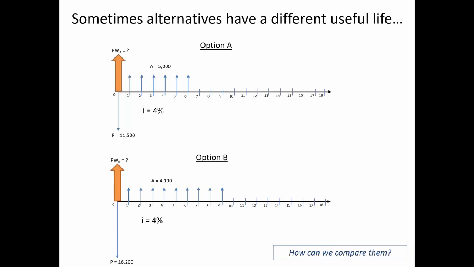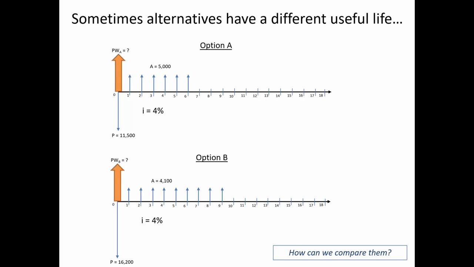Feel free to chime in with your microphone or type in the chat box there. What was the technique we used last time? All right, the LCM approach. And what does LCM stand for? Like, what, in essence, are we doing? What's the technique to make both options last the same number of years?